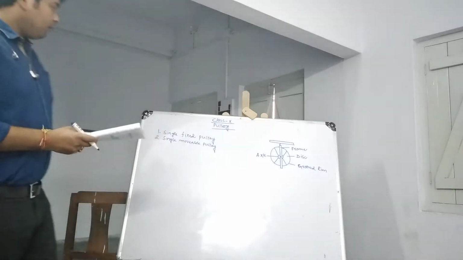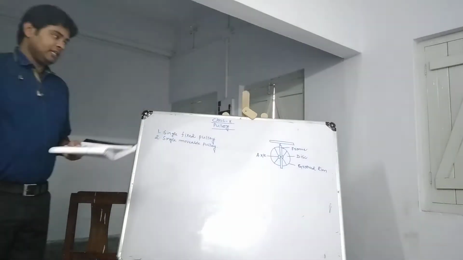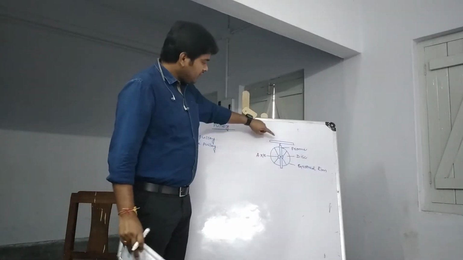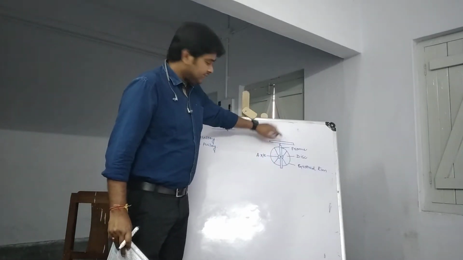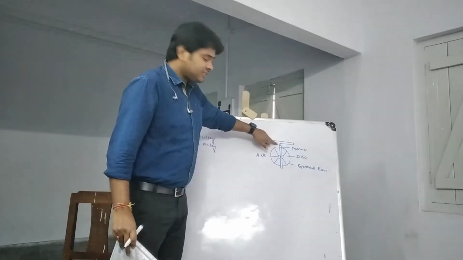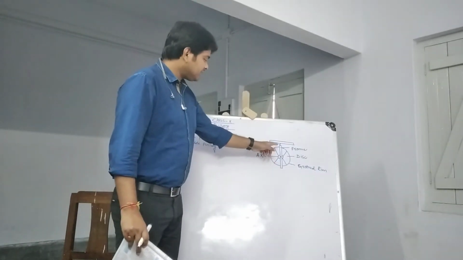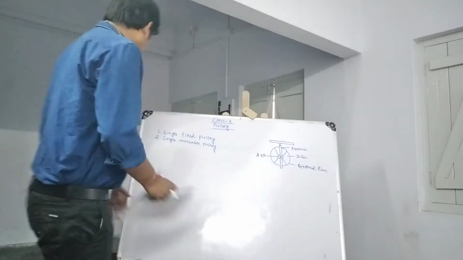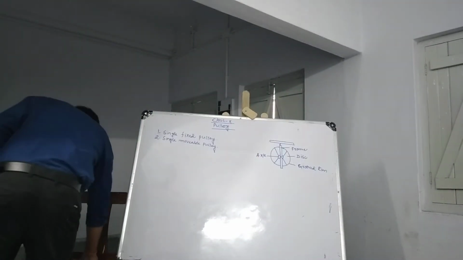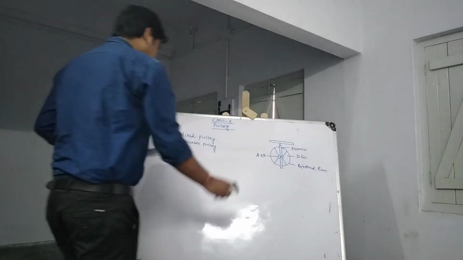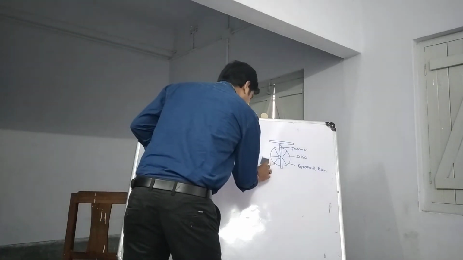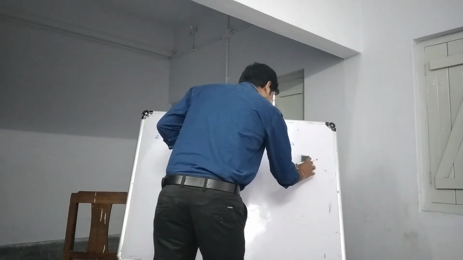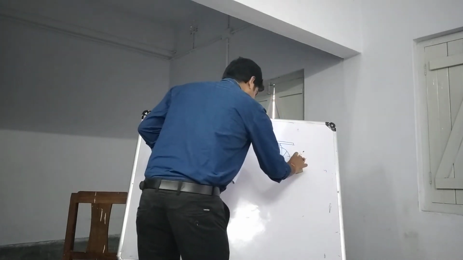Single fixed pulley. What is a single fixed pulley? Look at this picture. This is a pulley which is fixed at this point. It is hung from this rigid support, but this pulley is movable about this axle. Now I am going to draw a single fixed pulley where the axis of rotation is fixed.